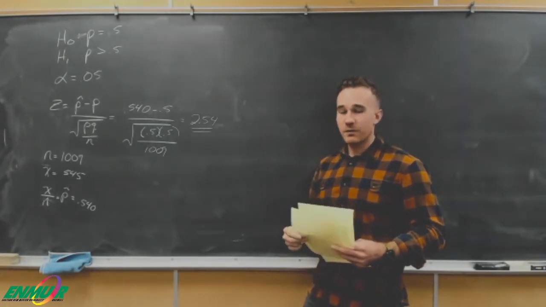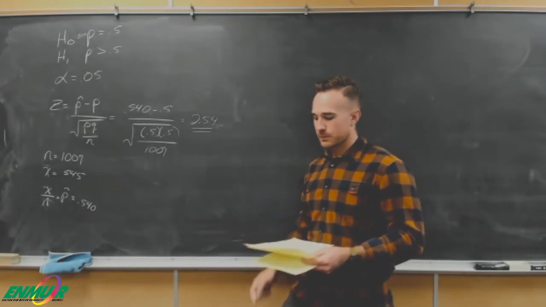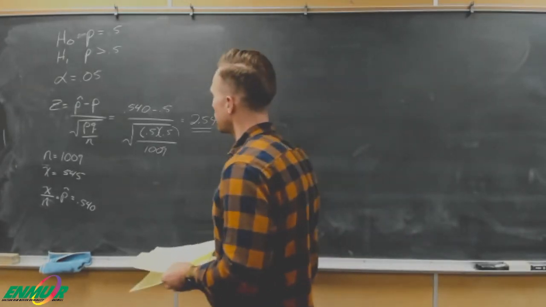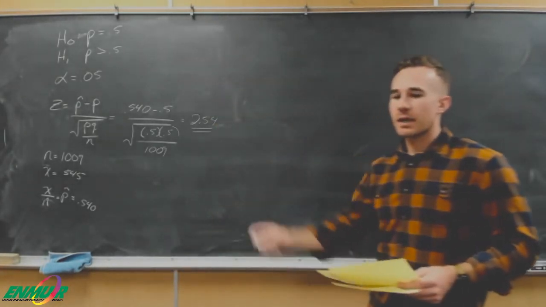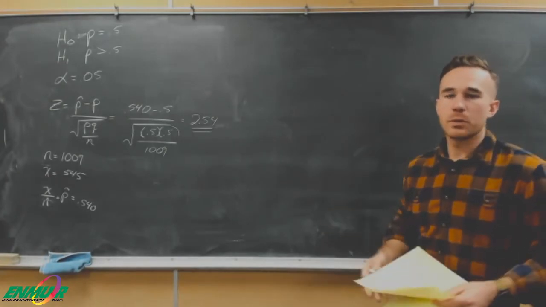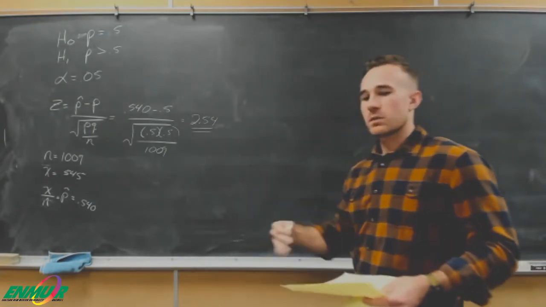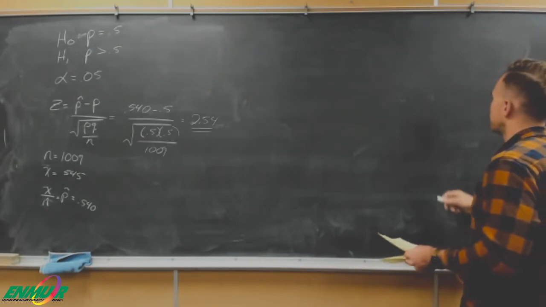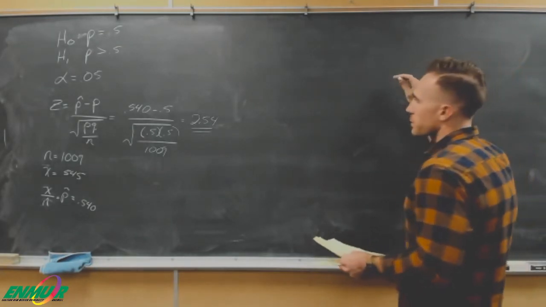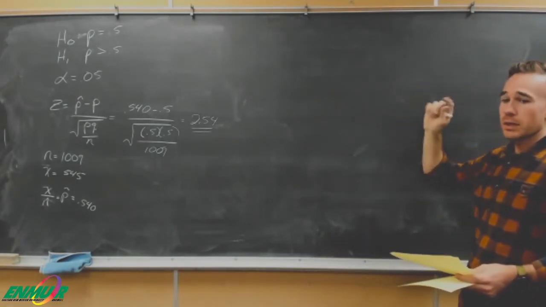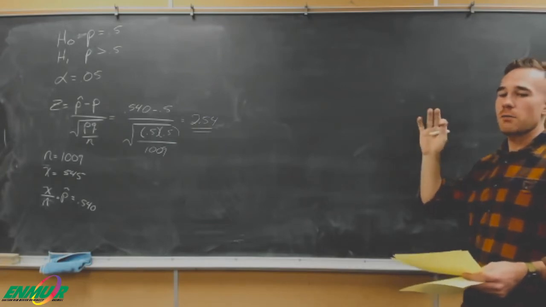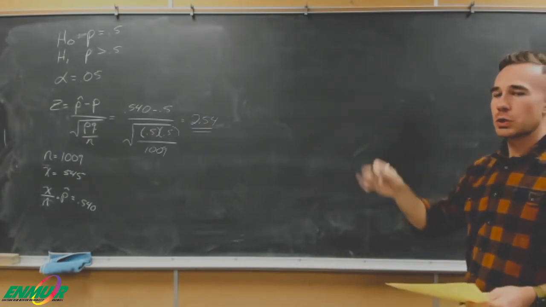Now, once I have found my test statistic, I need to identify the critical region. Where am I going to put it? This is what I said we're going to get back to. So we've got 3 conditions. We're going to cover one of them today, but we're going to have 3 conditions as far as a critical region goes.